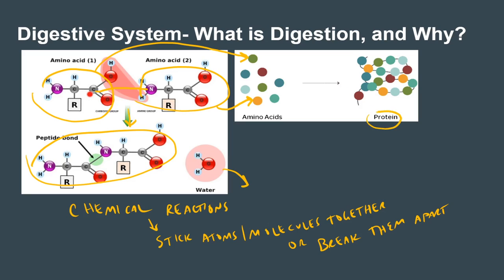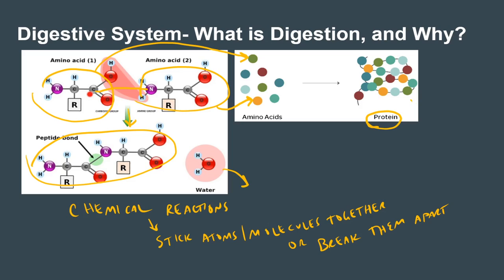So, for example, one of the large molecules that your body needs to digest are these proteins. Proteins are made up of these little pieces that are stuck to each other. And most of the things you eat, all of your food, is made up of really big molecules made up of small pieces stuck together like this.